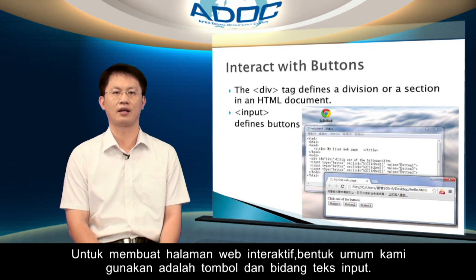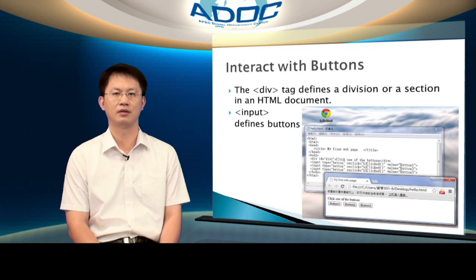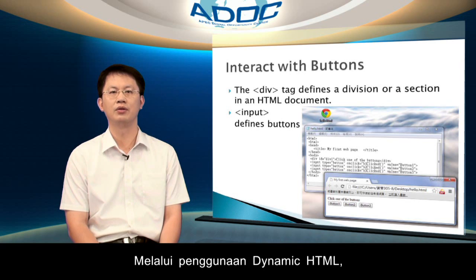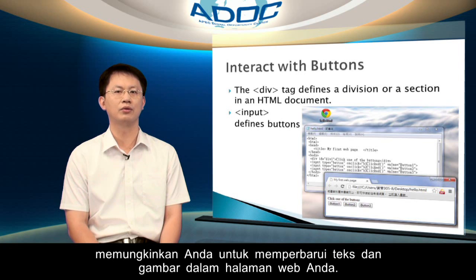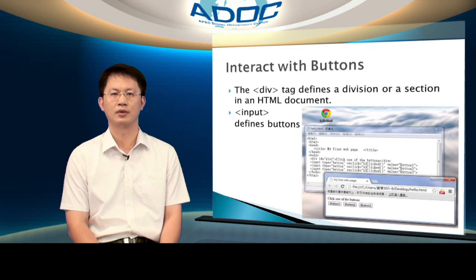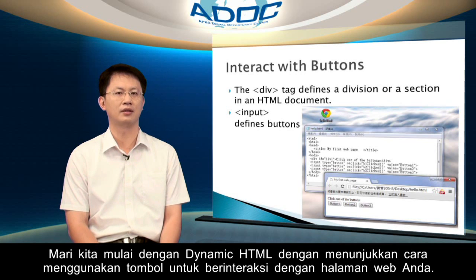To create an interactive web page, the common forms we are using are buttons and input text fields. Through the use of dynamic HTML, you can update text and images in your web page. Let's get started with dynamic HTML by showing how to use buttons to interact with your web page.